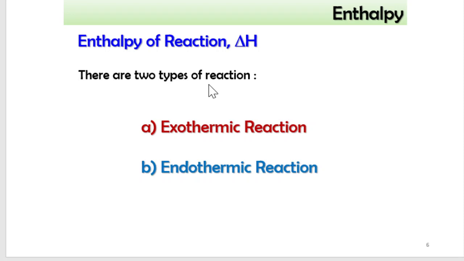There are two types of reaction that you need to know, and you already familiar with these two terms. First is exothermic, and then the second one is endothermic reaction. So for exothermic, the keyword is release, and for endothermic, absorb.